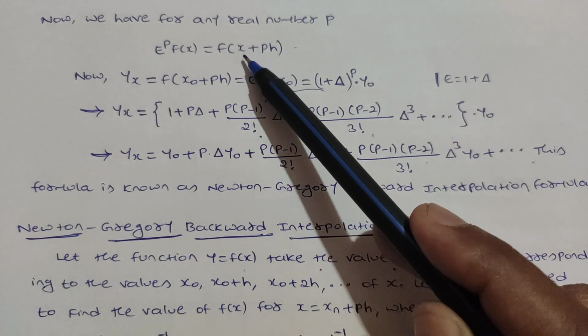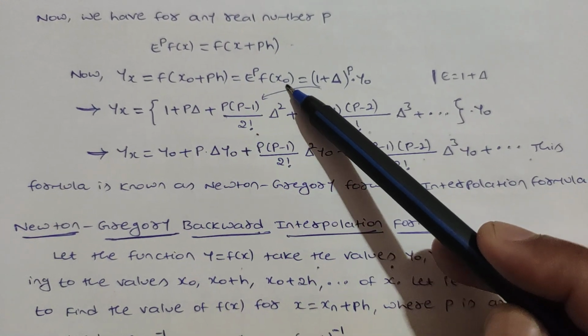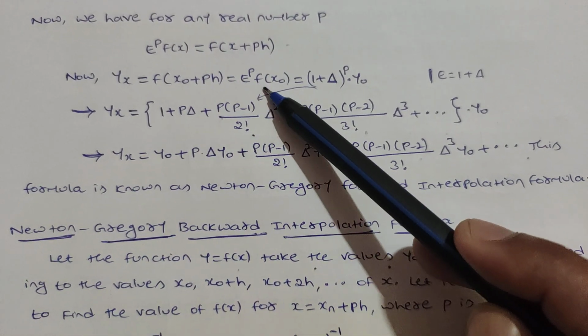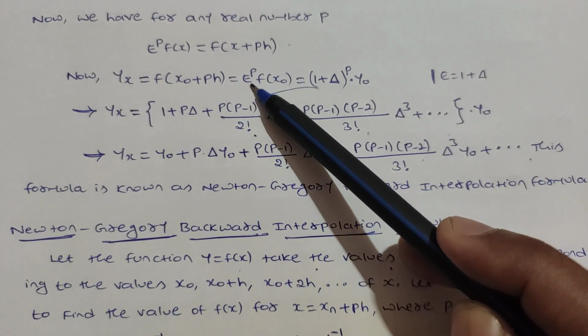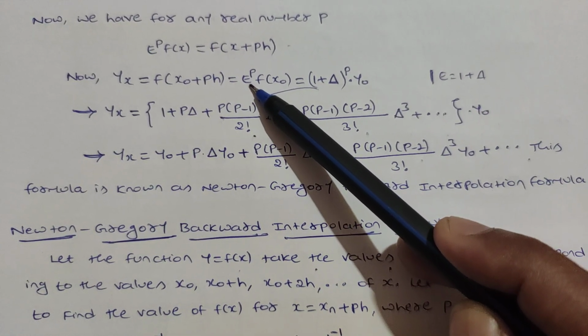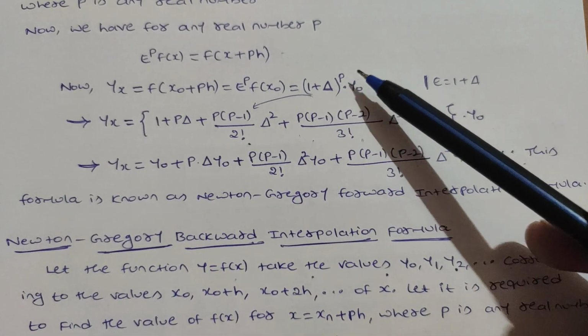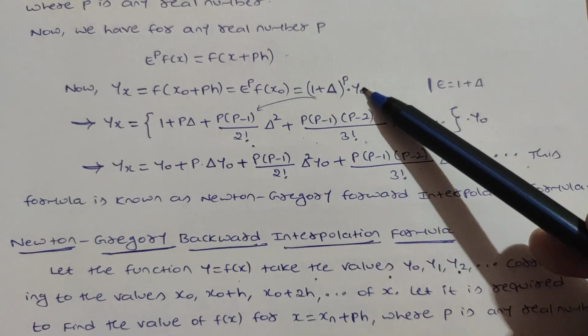We replace f of x plus ph as E to the power p into f of x0, because we are considering x0 plus ph, therefore we replace f of x0. And since we know that E is 1 plus delta, we replace it as 1 plus delta to the power p into y0. F of x0 will be y0.